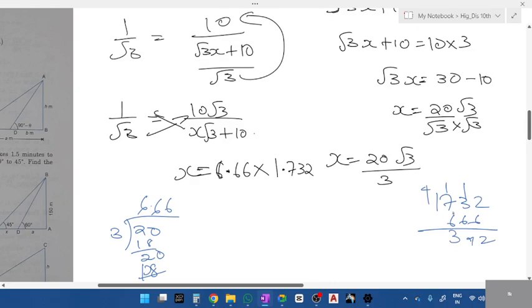All of you will multiply. Remove the decimal. 1732 into 666.